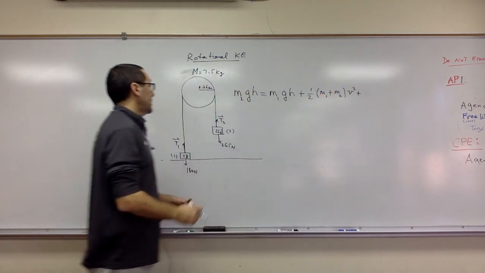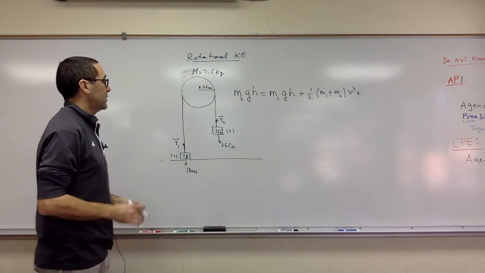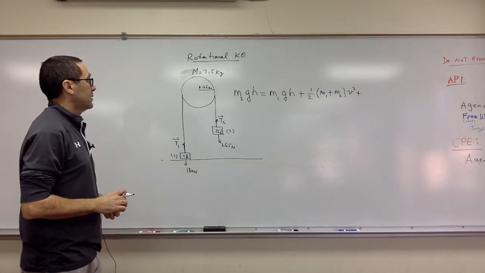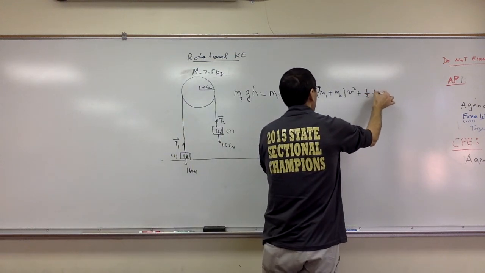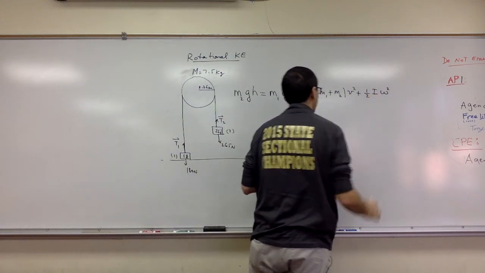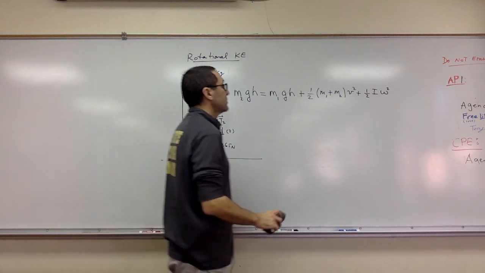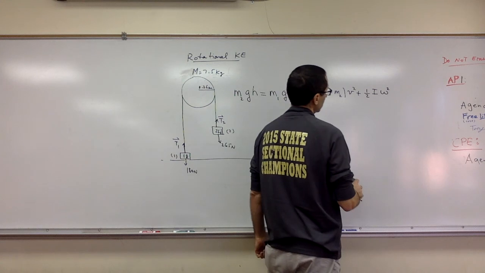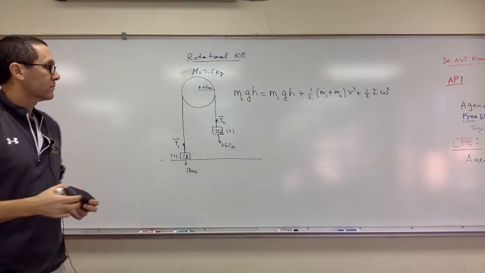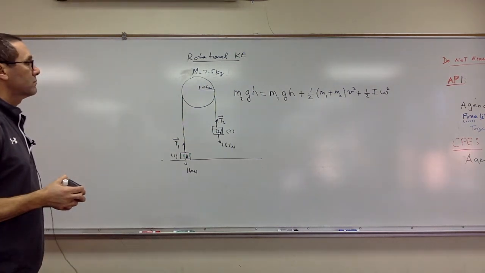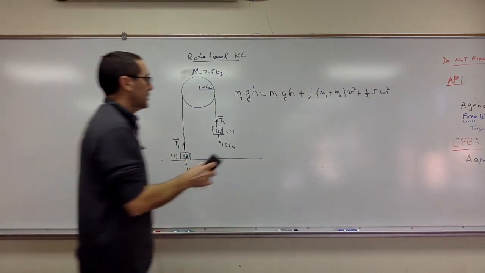Plus the energy used up to rotate the sphere itself, and that's going to be 1/2 I omega squared. And I think we're going to use that quick shortcut. Yeah, maybe we can try to use the shortcut. So let's try that.